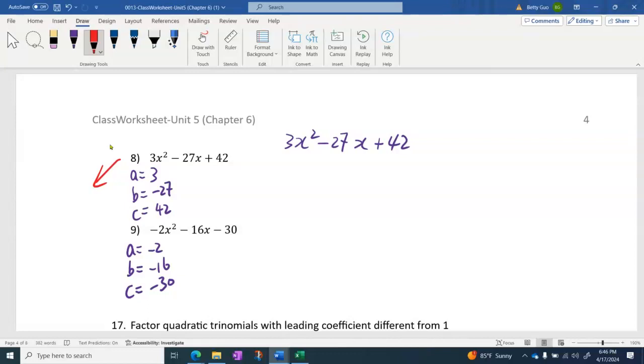In fact, for this problem, the shortcut method still applies. You just need to get ready for the shortcut method.